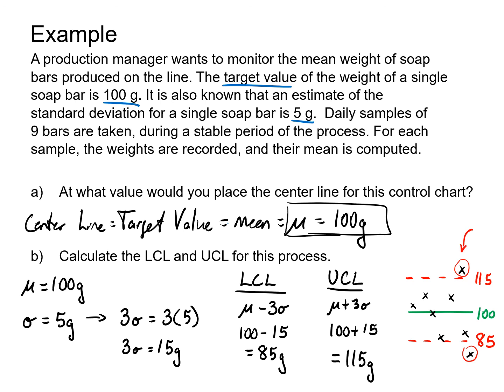Maybe this would be 120 grams. That would be a big problem if you're trying to make soap that is 100 grams in size. Or anything below this, maybe this is a 70-gram bar of soap. A consumer is going to be pretty upset if you're telling them that their soap bar is supposed to be 100 and they're getting a 70-gram bar of soap. And this can extend to any industry, right?